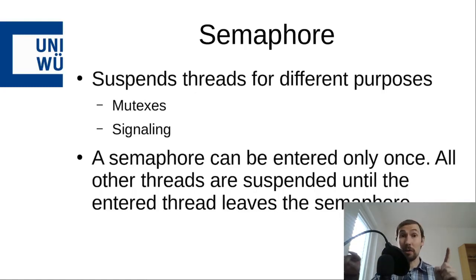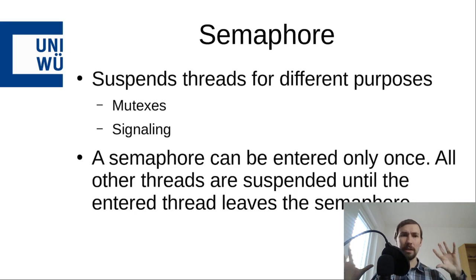One example, and this is what I'm going to show you right now, is if you want to access the same device or the same variable and you want to make sure that only one thread can use it at a time, then you can use semaphores as a mutual exclusive for this device or this variable. The second purpose is signaling. You can give signals from one thread to the other thread in order to resume or to suspend the thread.